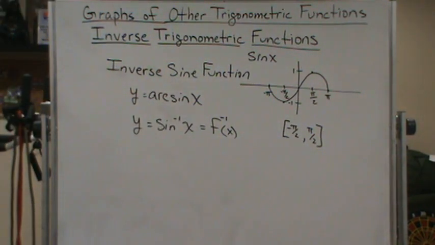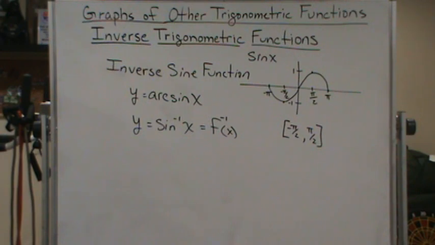Arc sine of x will give us an angle, or an arc. And it comes from the association of a central angle with its intercepted arc length on the unit circle. So arc sine x means the angle whose sine is x.